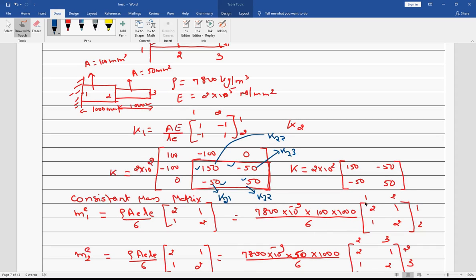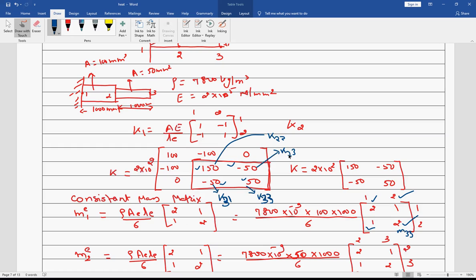Similarly, for my mass matrix, I can call this M22, M23. This will be M33. So this is not 22, I have written 22; this is K33. Similarly this will be M33, and this will be M31. So this is not 21, this is M31.